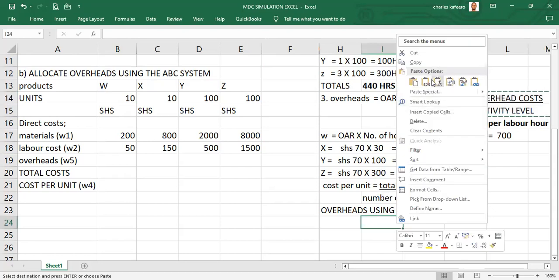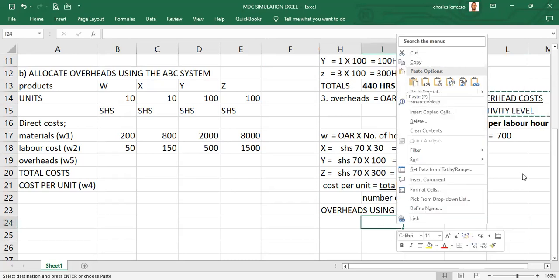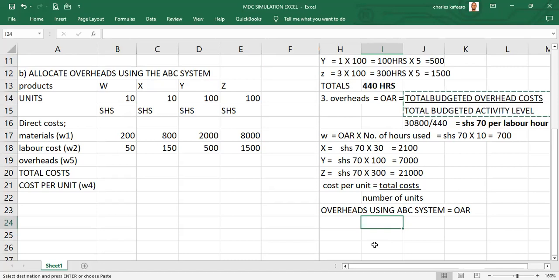It's also going to be the same formula. So we need to see how we can do this.